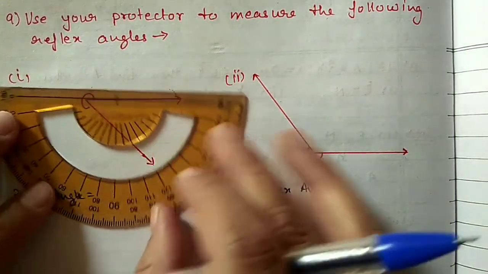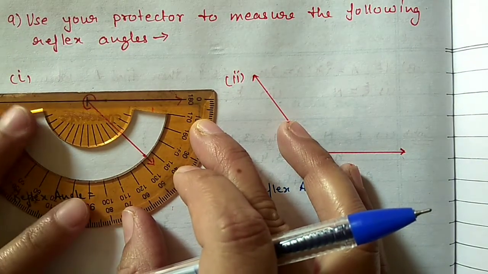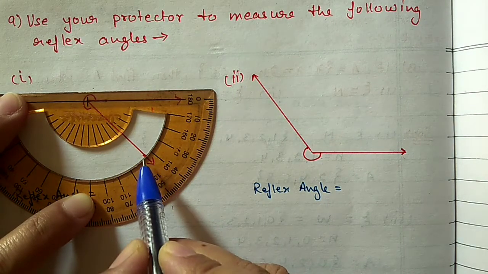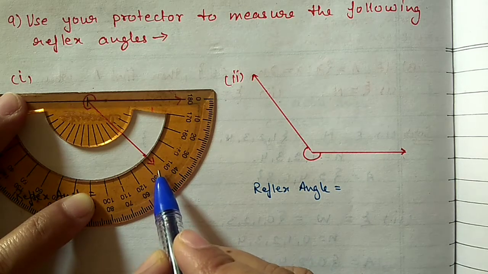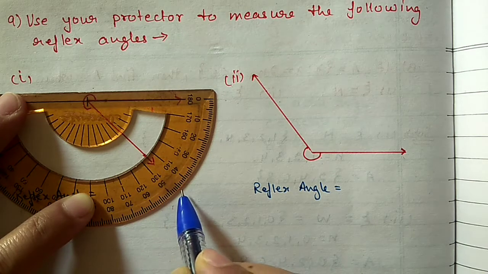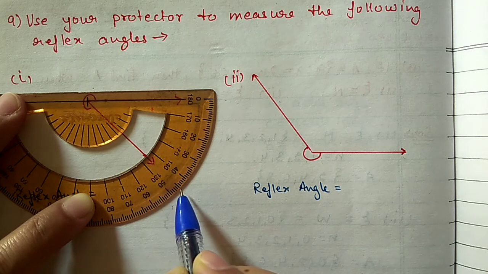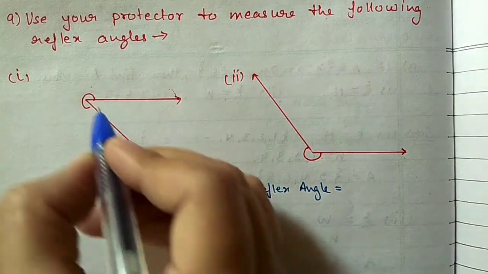To measure this angle, you have to keep your protector like this over any one line and measure this angle. And suppose this line is small, it is not coming till here. So you can extend this line with the help of pencil and then you can measure it. So this angle is coming 45 degree. From 0 you have to start and it is coming 45 degree.